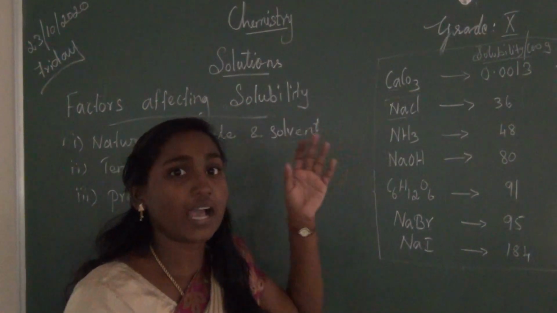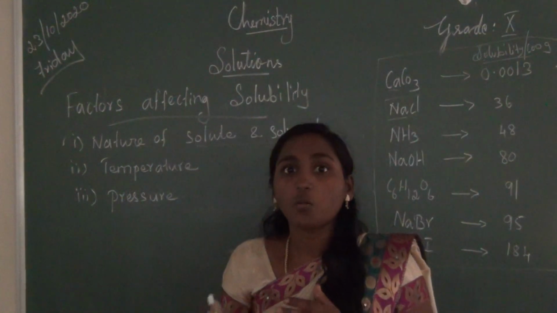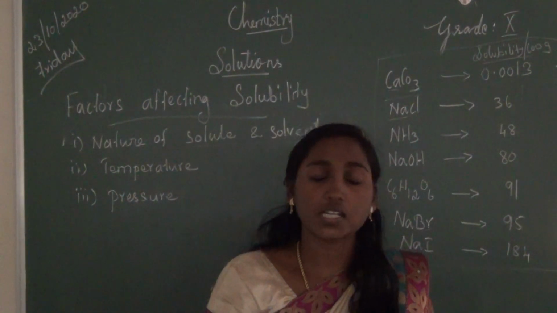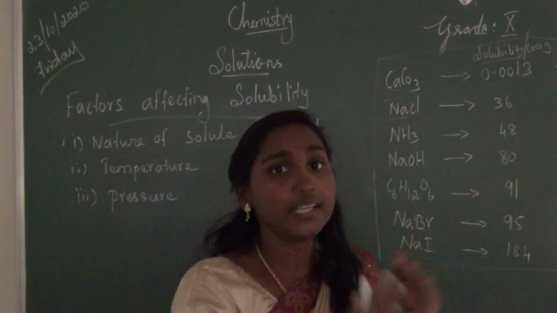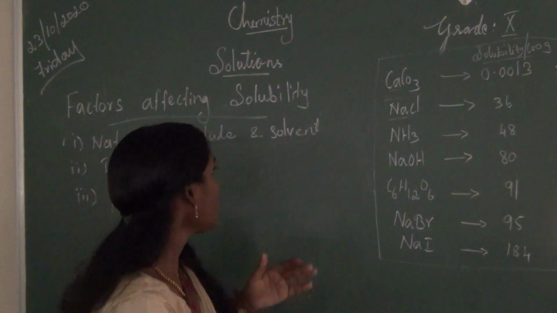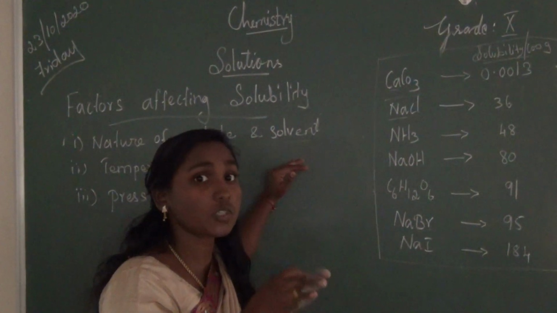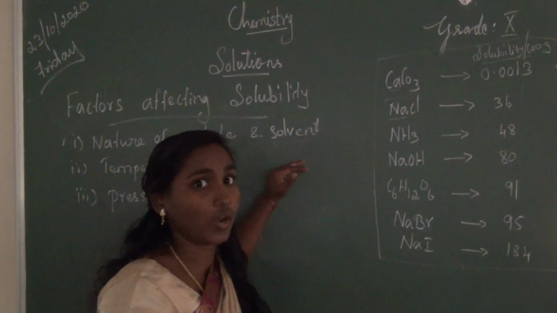And we studied aqueous and non-aqueous solutions, right? Aqueous means water acts as a solvent. Non-aqueous means any liquid other than water. Some solutes can dissolve in water, but some solutes cannot dissolve in water.